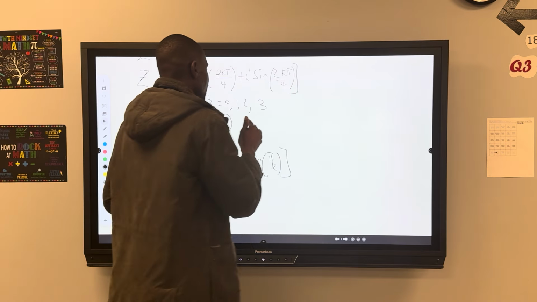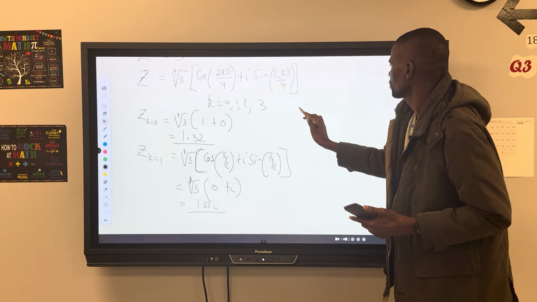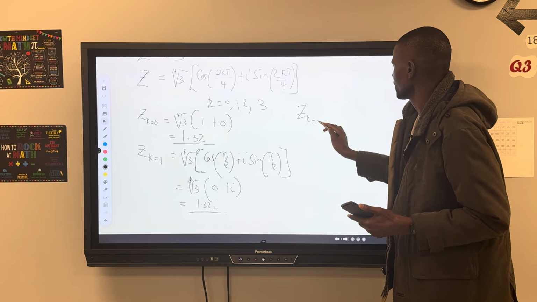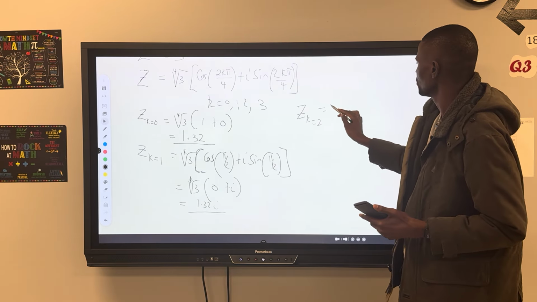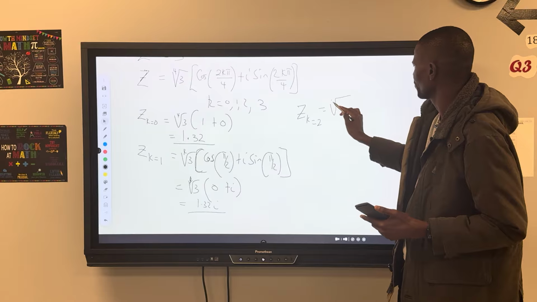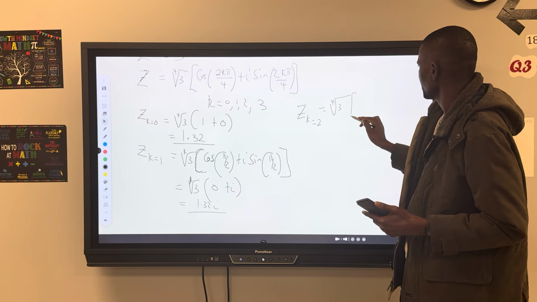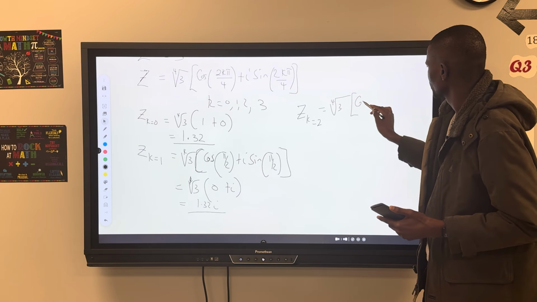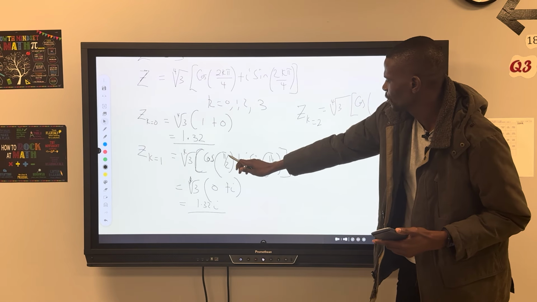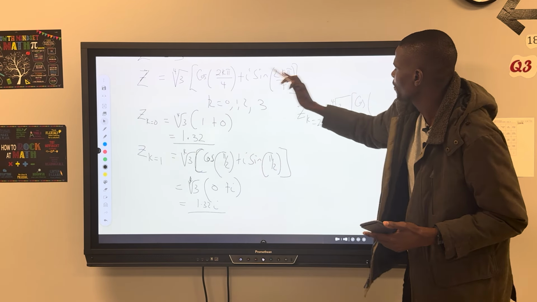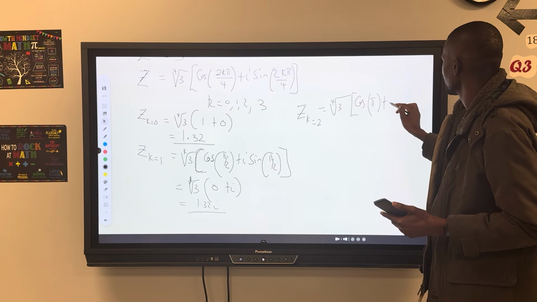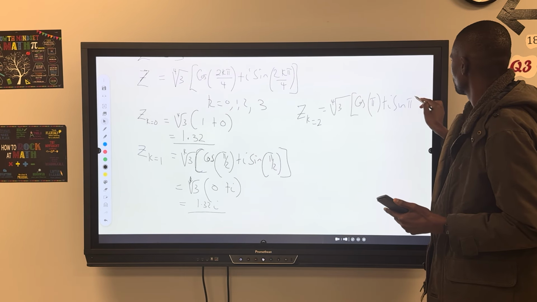Now let's see when k is 2. When k is 2, it's going to be the 4th root of 3, then cos of 4 pi over 4, which is just pi, plus i sine pi.